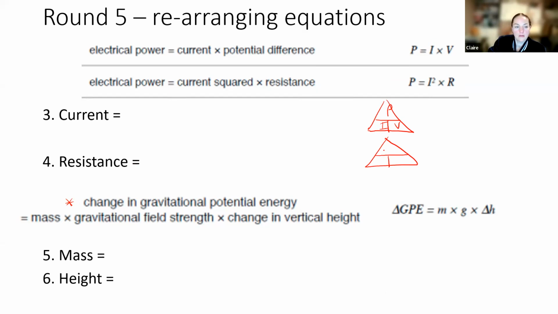And then we do, so that's your current squared times resistance, power. Okay, right, so let's do number 3 and 4 first. So I've done the triangles. Again, with the question, when it comes up, do the triangle, annotate, write it on the side so it will help you visualize.